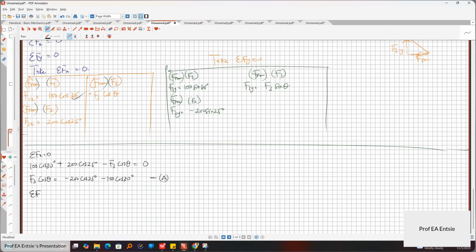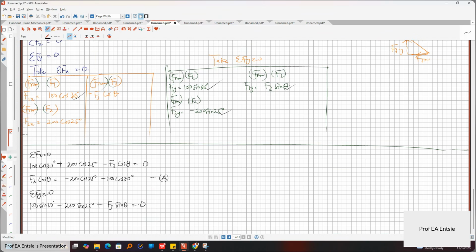Then let's move on to sigma Fy. That one too we have for F1, F2, F3. So let's sum it up. It will be 100, which is coming from here, sine 30, then minus 200 sine 25, then lastly plus F3 sine theta.